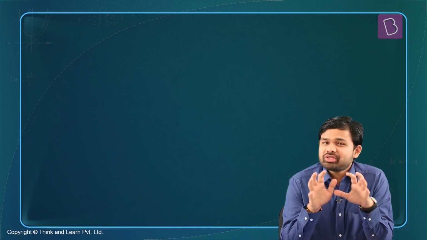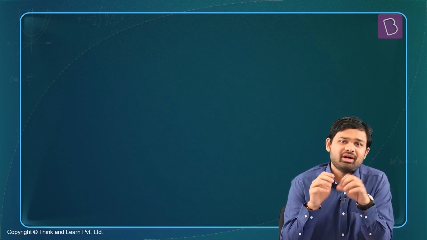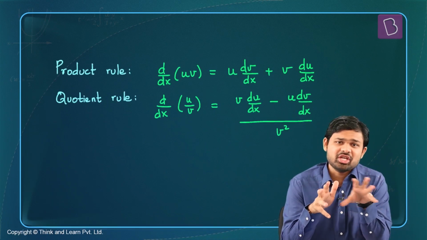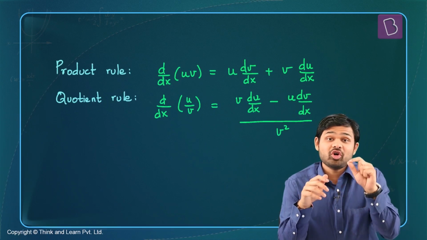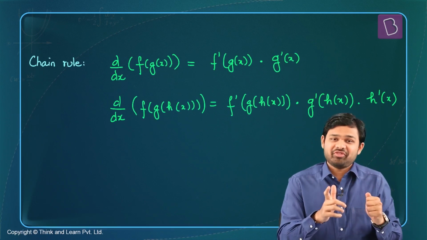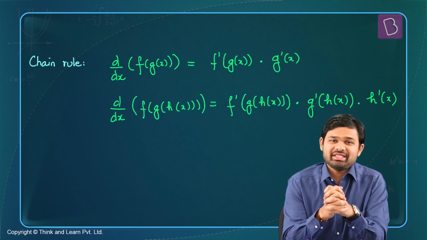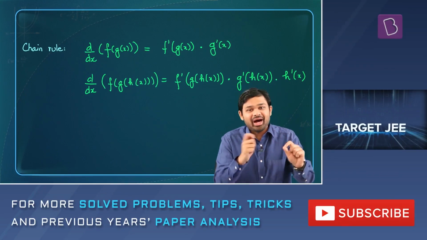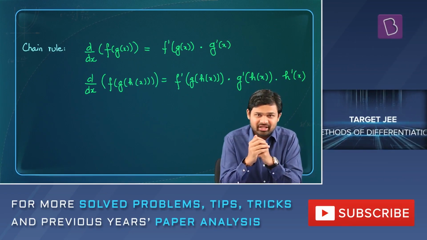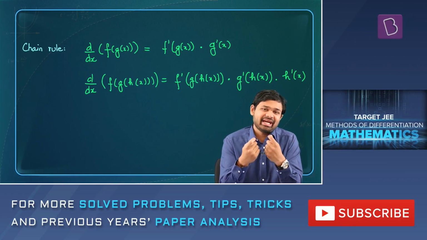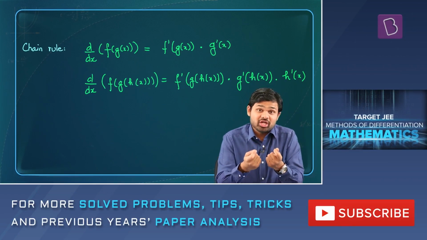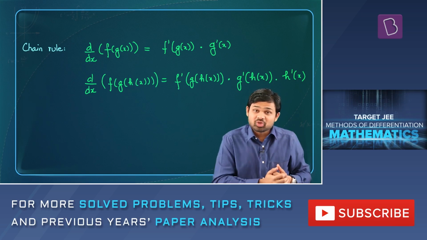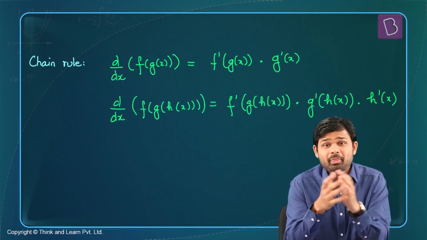Then we move on to some differentiation theorems. We look at the algebra of differentiation and all these things before moving on to the very important chain rule of differentiation. Now, chain rule of differentiation makes the difference between understanding differentiation and not understanding differentiation. The nitty-gritty tiny details are where chain rule questions can sometimes go completely wrong.